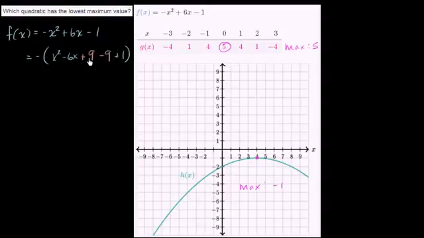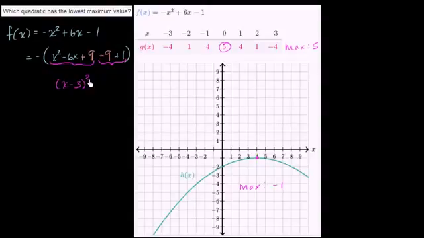You might say, well, why are we adding and subtracting the same thing if it doesn't change the value of the expression? The whole point is so that we can get this first part of the expression to represent a perfect square. This x squared minus 6x plus 9 is x minus 3 squared. So I can rewrite that part as x minus 3 squared. And then minus 9 plus 1 is -8.